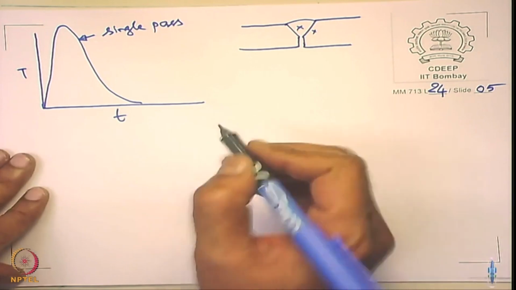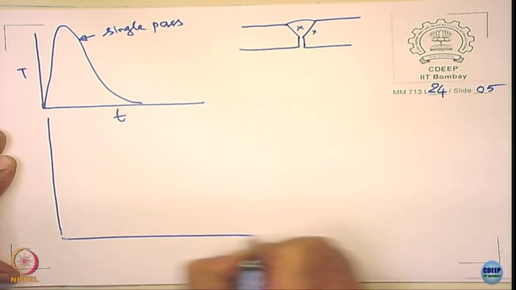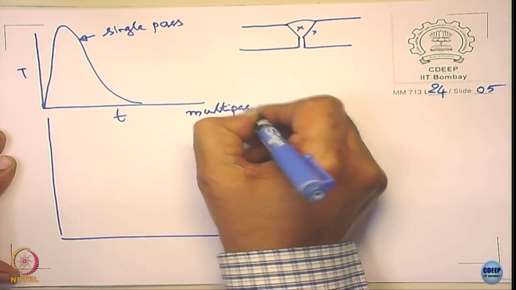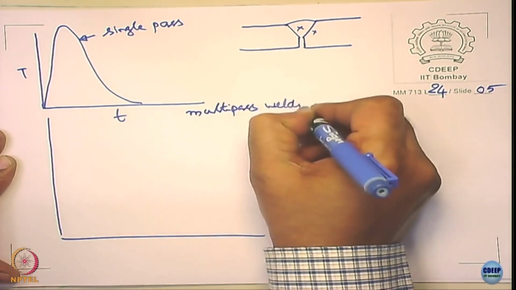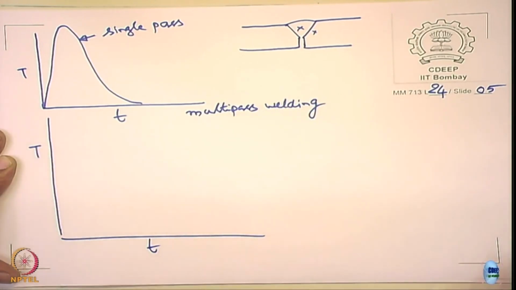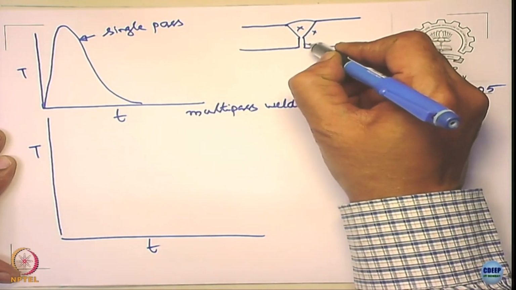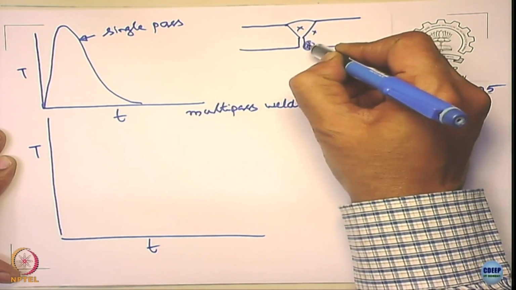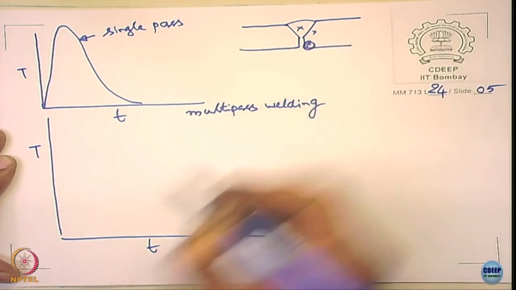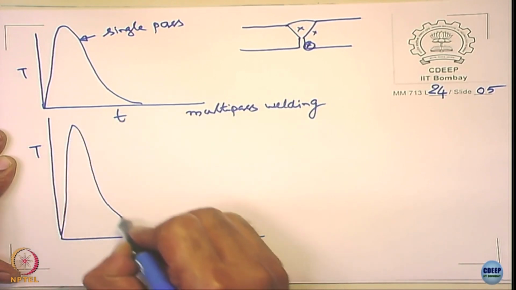If we are going to do multi-pass welding, suppose this is the place I want to notice. I am going to put a thermocouple here and I do a single welding, it goes like this.